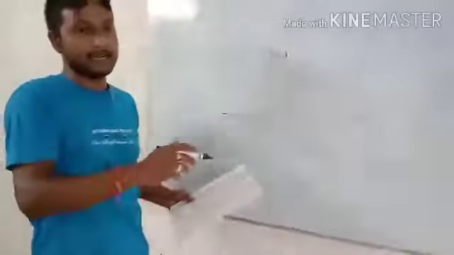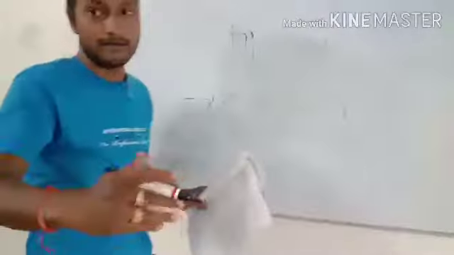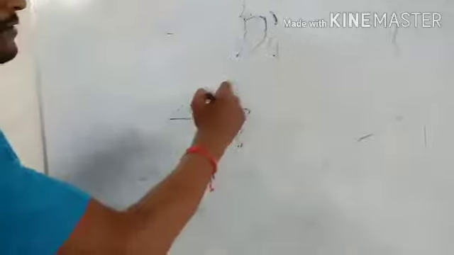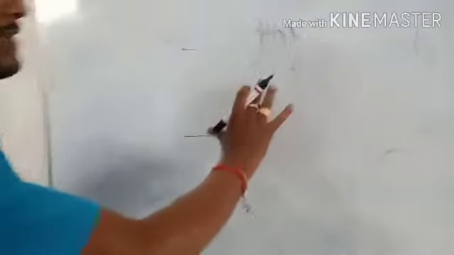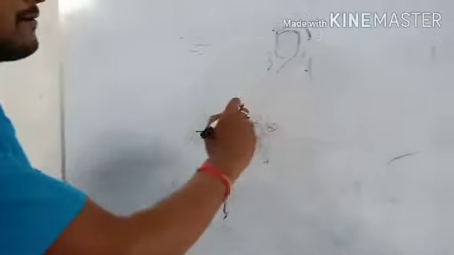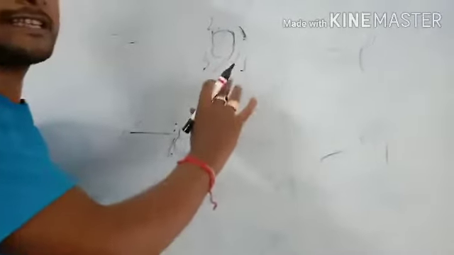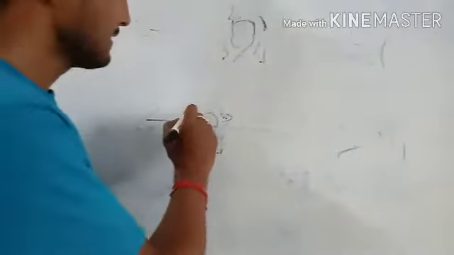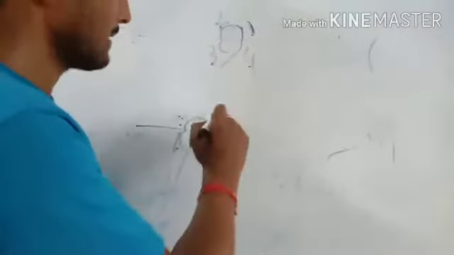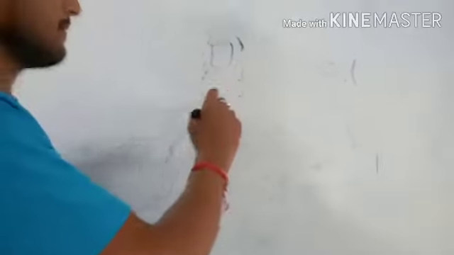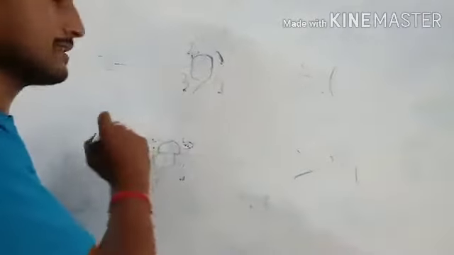Next, alternate interior angles. Alternate interior, not alternate exterior. Okay? So like a cross. Here we get two pairs of alternate interior angles: 3 and 5, angle 4 and angle 6.